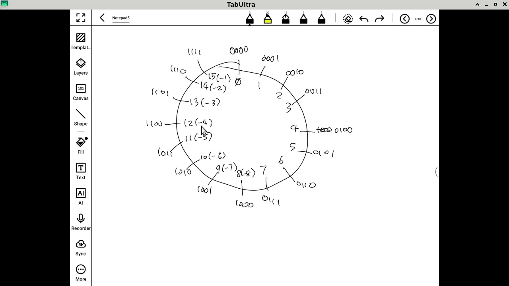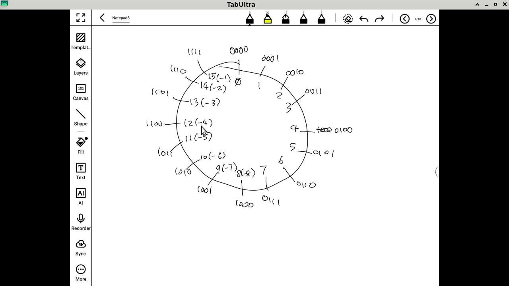It just so happens that the most significant bit can also be used to indicate whether the number is negative or non-negative. It just so happens that the way we choose to do it this way, the sign bit also has that property.